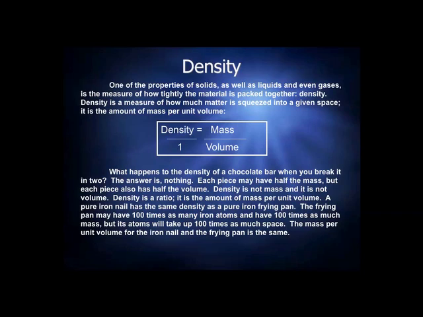What is its density? Brandon? 5 grams per cubic centimeter. Yeah. Density equals 100 grams divided by 20 cubic centimeters equals 5. And now units. Grams per cubic centimeter. Grams divided by cubic centimeter. That's its density.